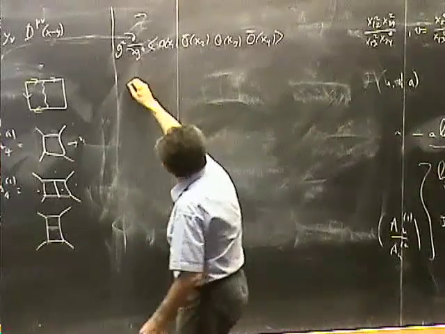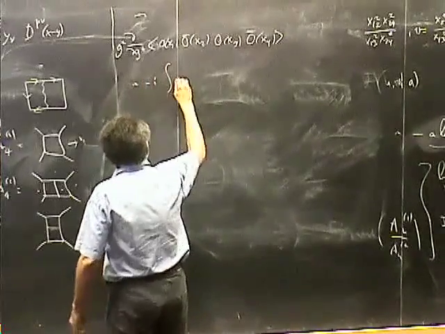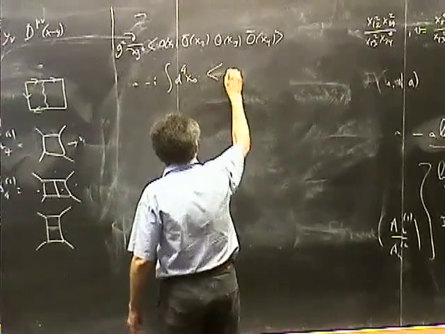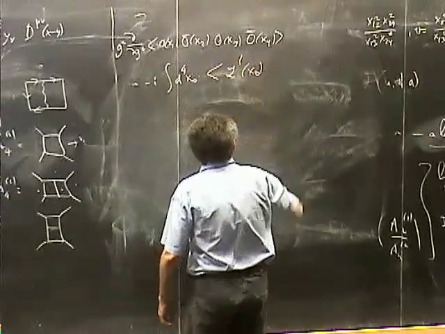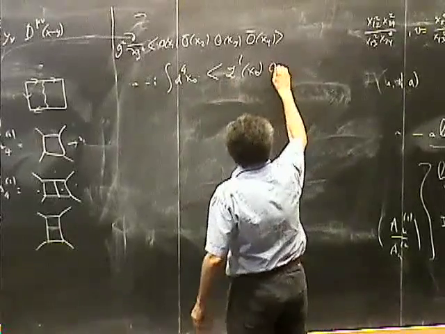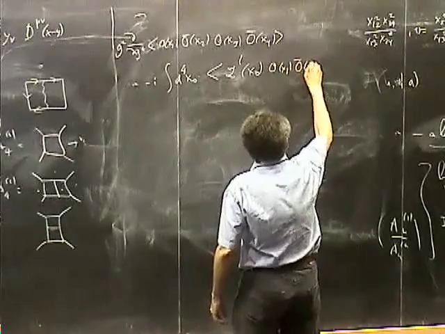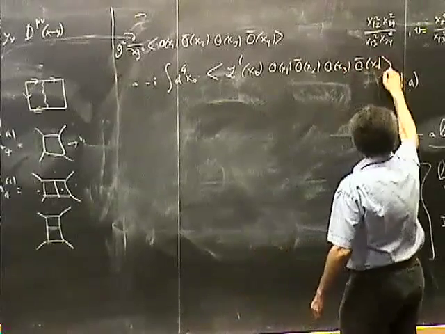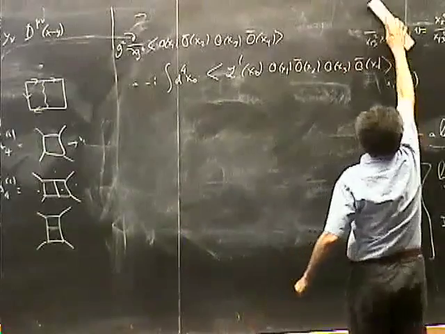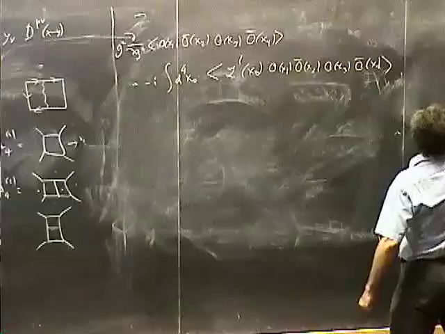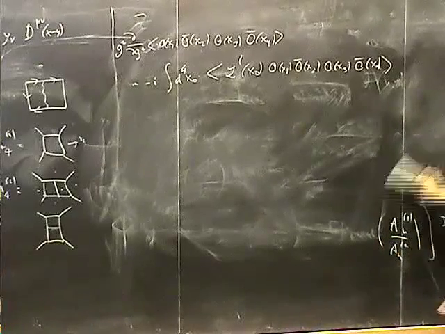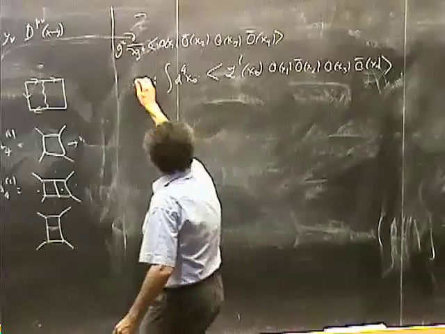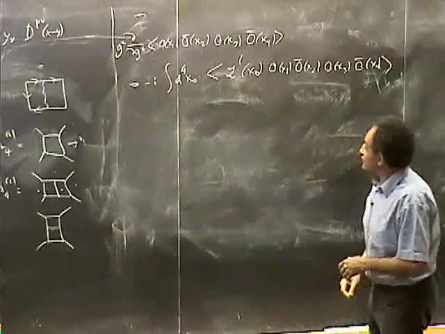And at the end of the day, what we obtain is that this object will be proportional to the integral of the corresponding point with the derivative of the Lagrangian with respect to the coupling constant, and the same operator P inserted inside the correlation function. I just apply the derivative to my path integral, which defines this correlation function. So this relation is just an exact consequence of the exact definition of the correlation function.